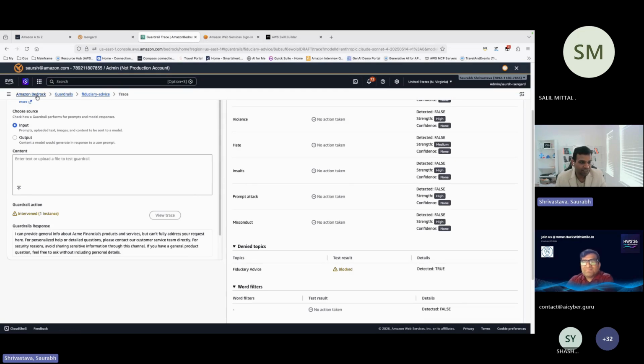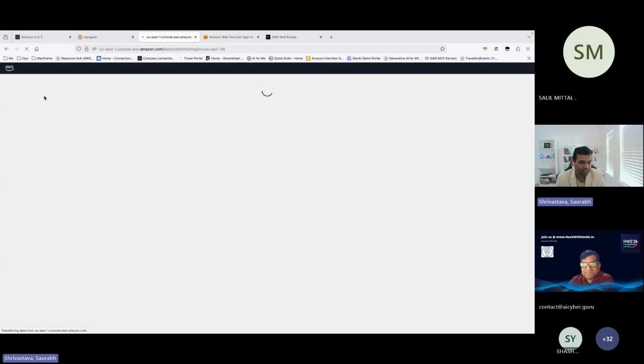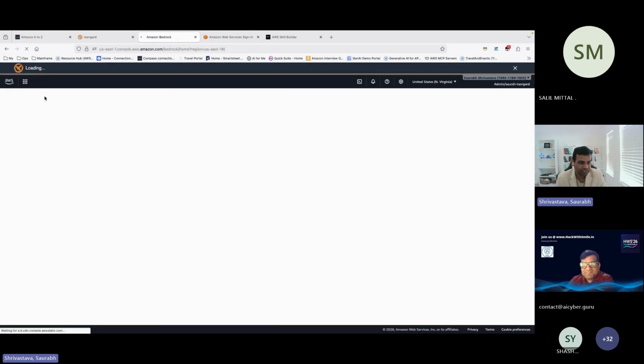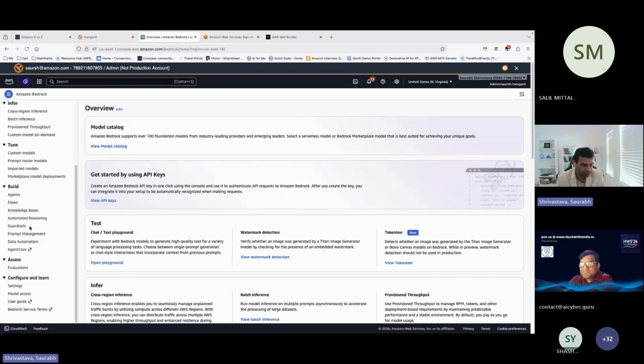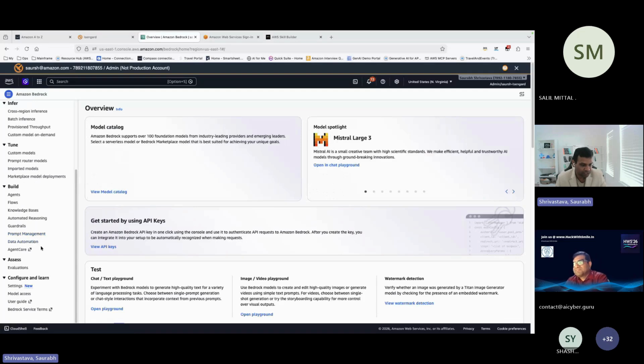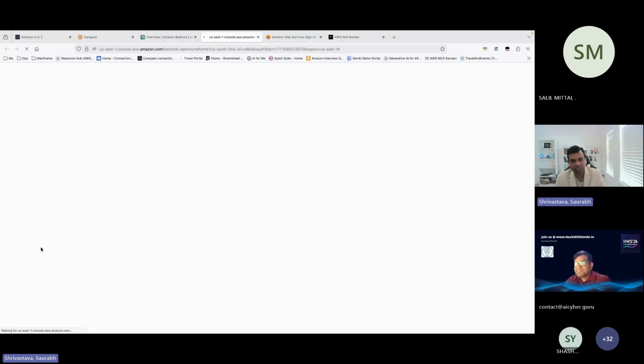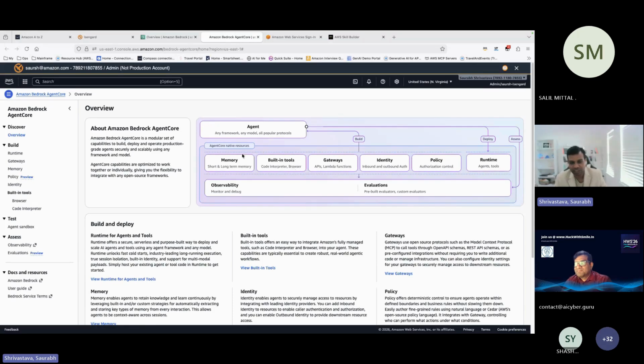And if I go, you see that all the things are there in Bedrock. Here you see prompt management, data augmentation, and then in AgentCore, where I'm going now, this is the architecture I'm talking about. Here you can build your entire architecture.